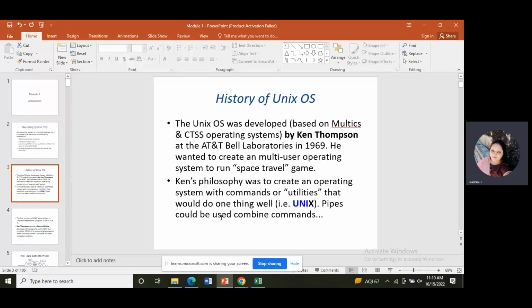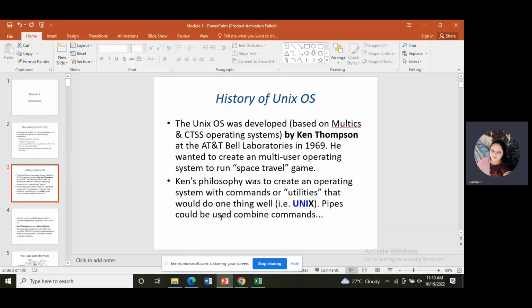What is meant by multi-programming and multi-user? Multi-programming means more than one program is running at a time, and multi-user means more than one user can operate a single system at a time. Unix is a multi-programming, multi-user operating system.